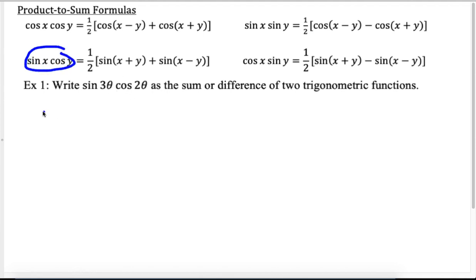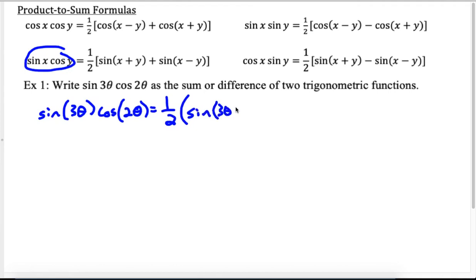Okay, so what we can say is sine of 3 theta times cosine of 2 theta is equal to 1/2 times the sine of those 2 angles added together, so 3 theta plus 2 theta, plus the sine of their difference, so 3 theta minus 2 theta. And we can simplify a little bit.